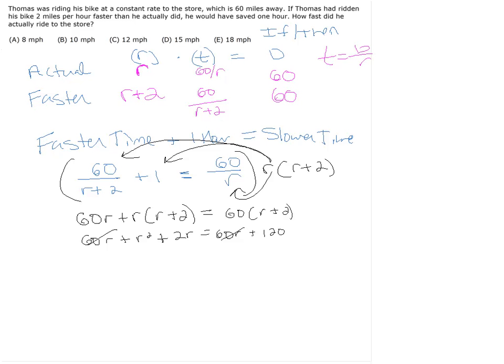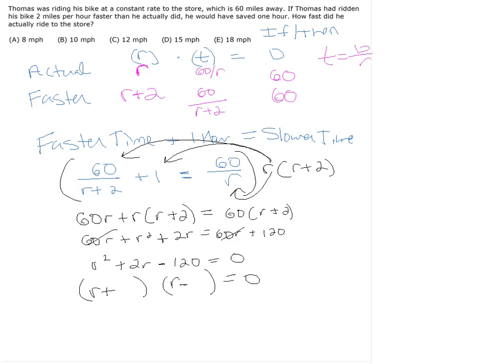So we have r squared plus 2r, and I'll subtract the 120 from the right to the left, and we know that's equal to 0 now. At this point, we're just going to get the factors of this quadratic. Okay, so we need an r, and we need an r, and we need a plus and a minus.